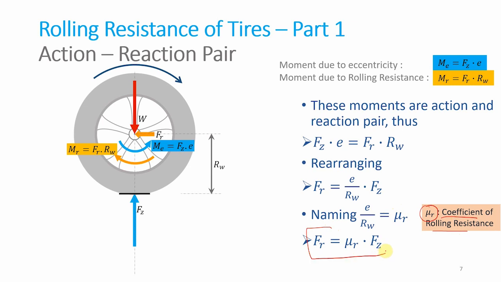This equation may resemble the normal friction equation that you know. The pattern is the same. N is a normal force, F is a frictional force and mu is a coefficient. Here also the pattern is the same. Fz is a normal force and Fr is the rolling resistance force, and whatever coefficient comes here is the coefficient of rolling resistance.